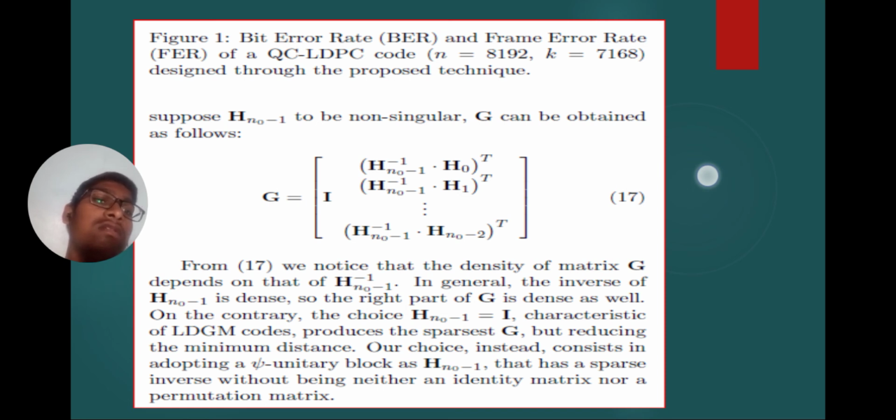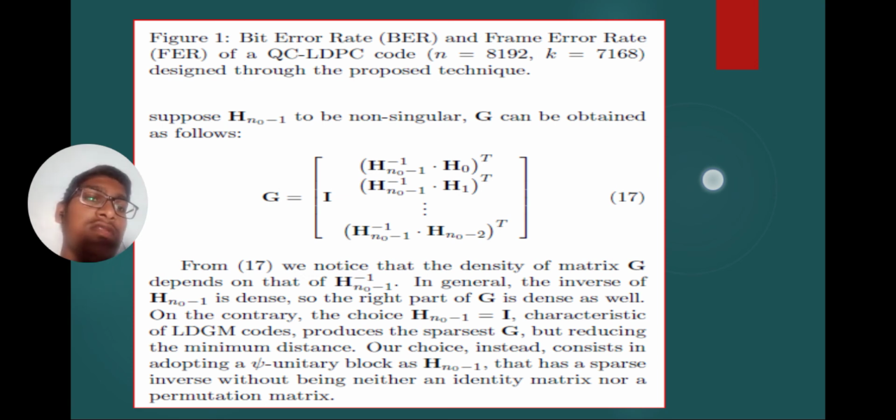In general, the inverse of H n naught minus 1 is dense, so the right part of G is dense as well. On the contrary, the choice H n naught minus 1 equals I, characteristic of LDGM codes, produces the sparsest G but reduces the minimum distance.